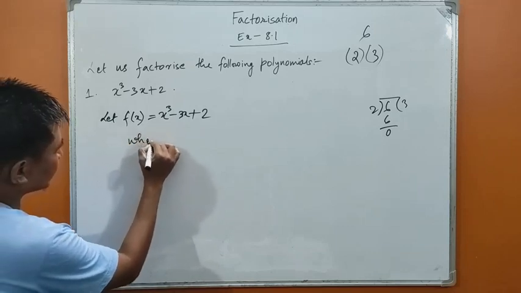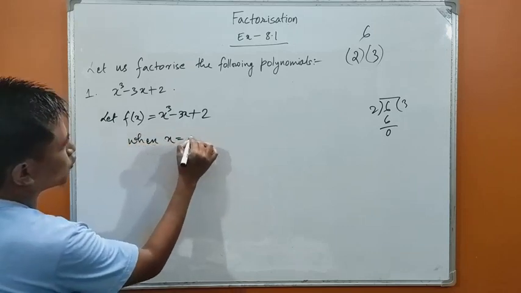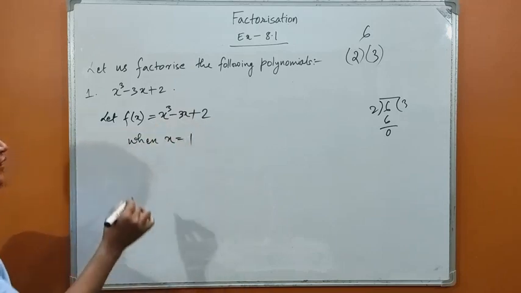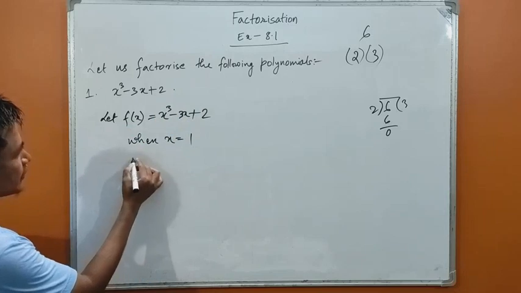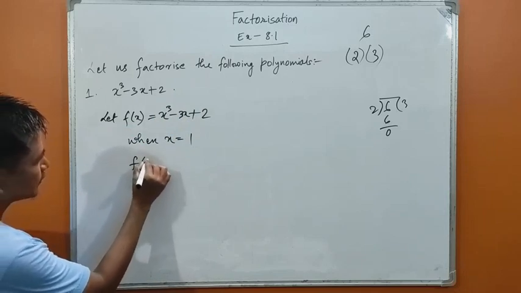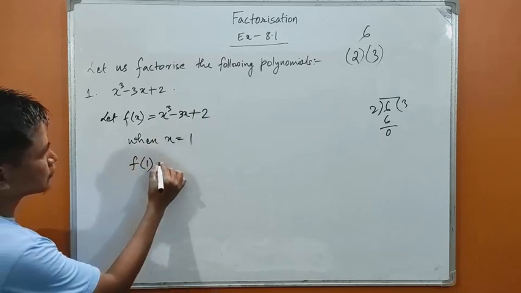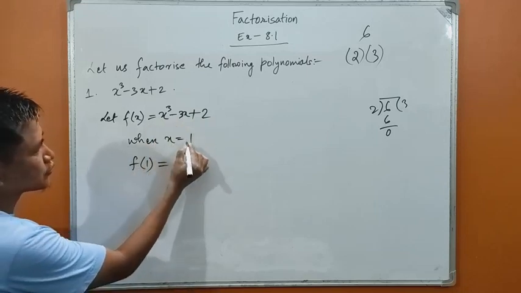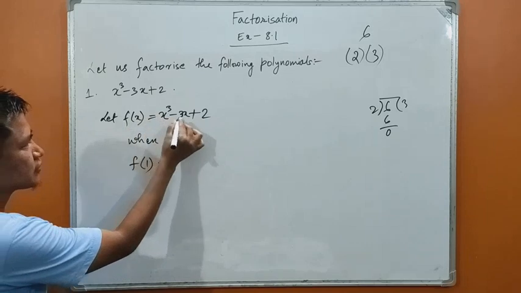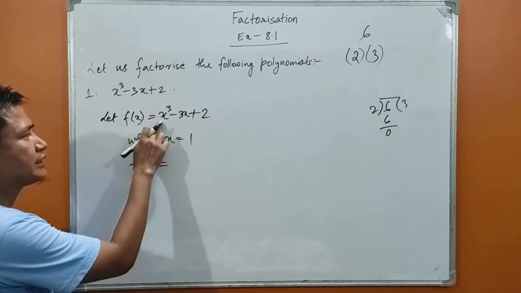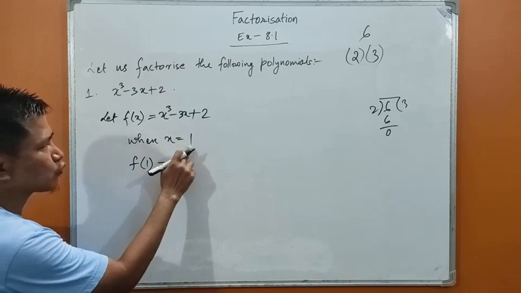When x equals 1, this expression becomes 0. Now what we do is f(1). Since f(x) is this expression, f(1) will be, instead of x we write 1.